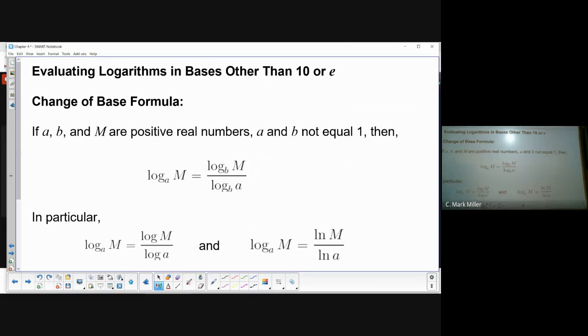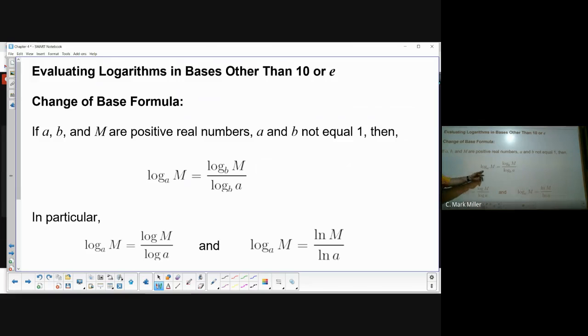That is just a convenience, because it turns out you only need one logarithm button on your calculator. You don't need both of them because you can get one from the other. All right? It's there for convenience. And you can get one from the other using this formula.